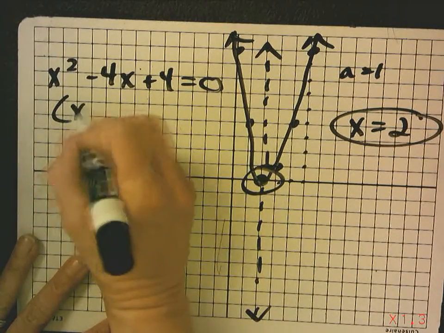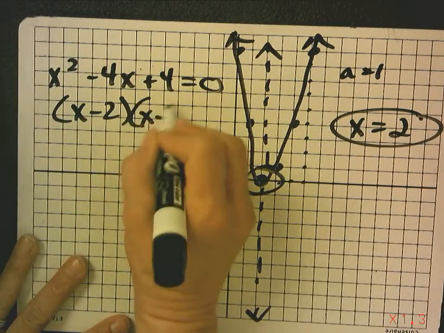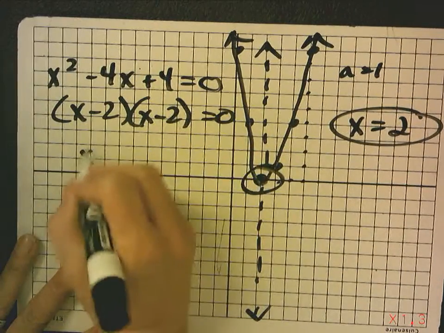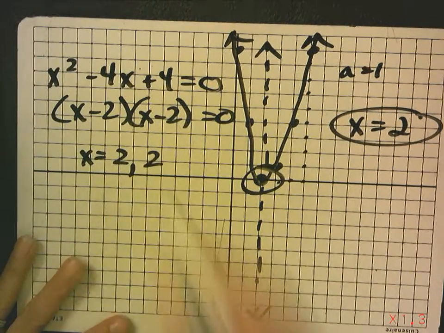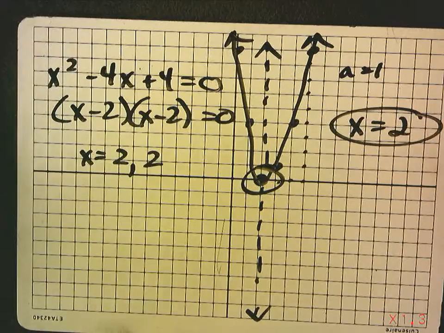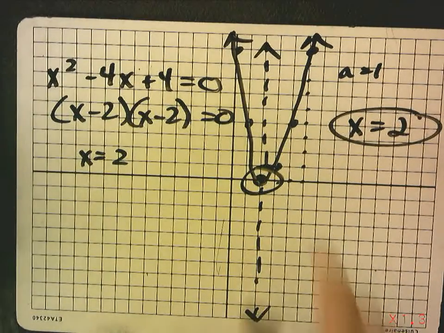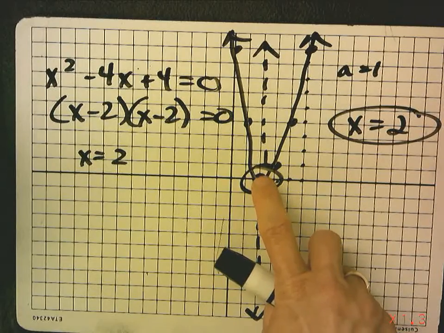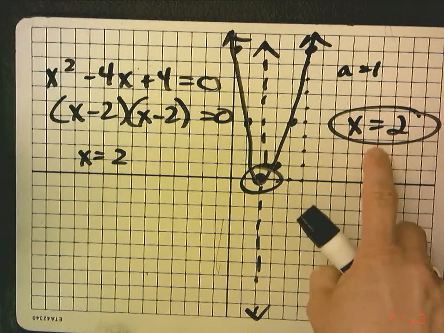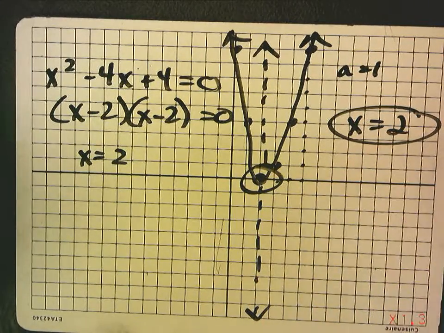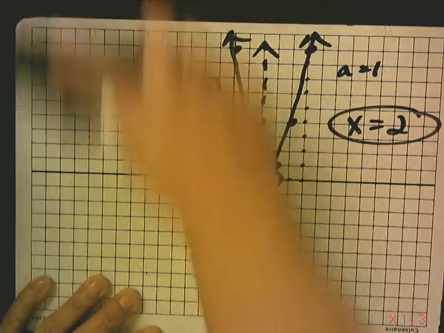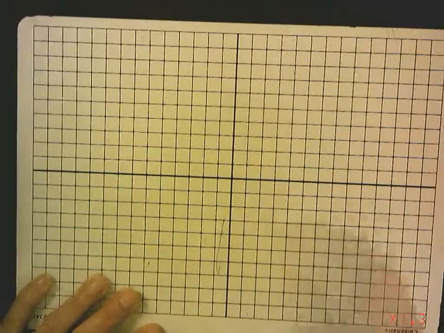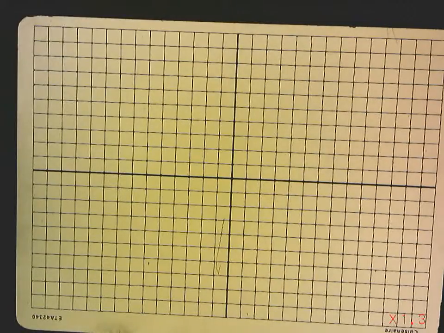So this would be x minus 2 times x minus 2 equals 0, and I get an answer of 2 twice. Obviously we only write it once, and it shows that if your parabola has a vertex on the x-axis, you're only going to get one answer. When the parabola crossed the x-axis twice, you had 2 solutions.